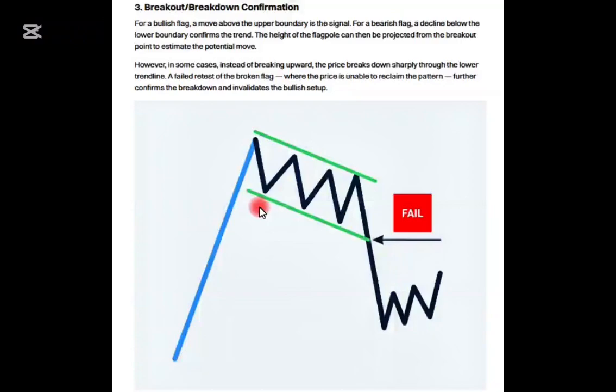So it's not just all about having your flag pattern, you still need to understand when and where to enter your trade. All right, however, in some cases, instead of breaking upward, the price breaks down sharply through the lower trend line. A failed retest of the broken flag, where the price is unable to reclaim the pattern, further confirms the breakdown and invalidates the bullish setup.